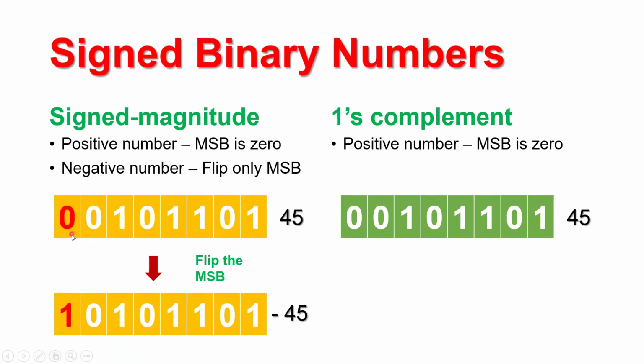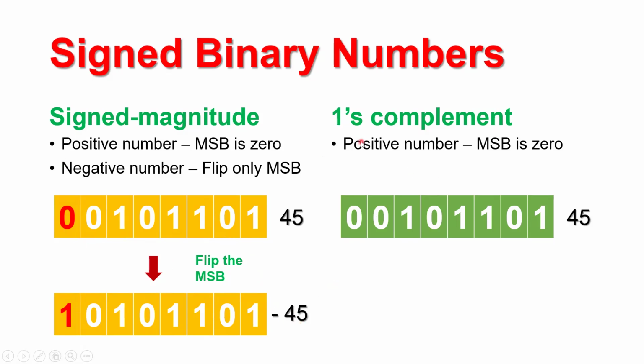Then you only have to flip the MSB. So the MSB is 0 here, and it becomes 1. All other bits remain the same. Then you put the negative sign, and you say this binary form of the number is representing -45 in decimal.